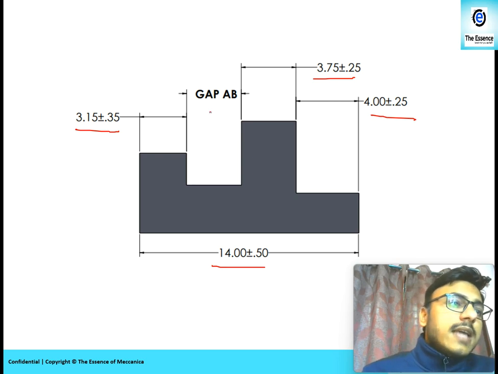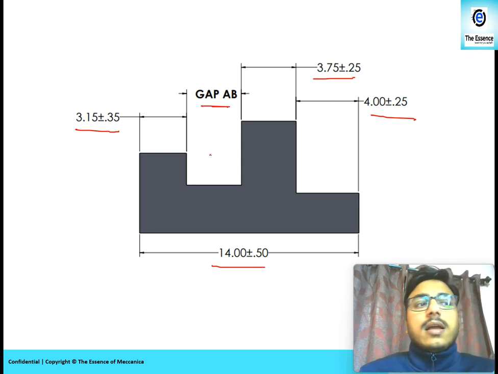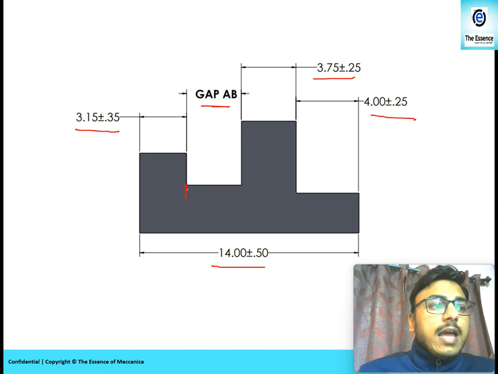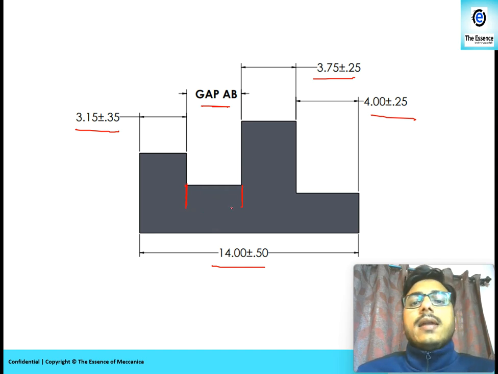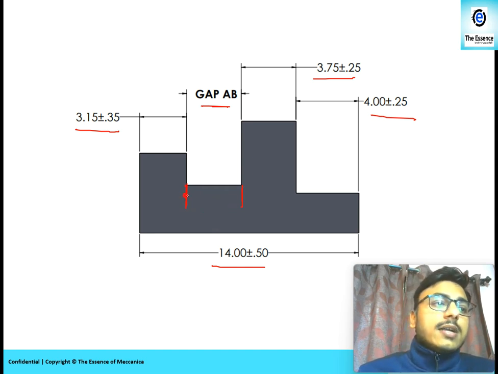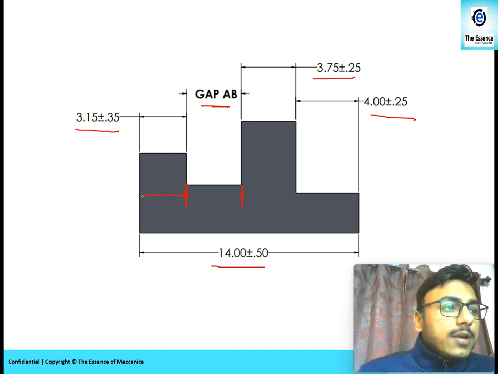So this gap AB we want to calculate. In short, we have to calculate this value. So we have to start at either end and we have to end at the other end. So I can start from here or I can start from here. Let's start preparing the loop from there. So I will go from there to there and that will be A for me, right?